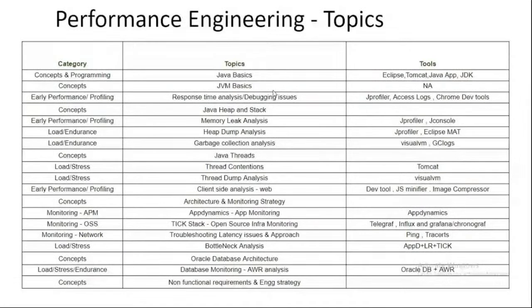The way we used to use Perfmon or vmstat, top, iostat kind of tools in Linux, those are all old days. Now it is getting automated using Grafana and Telegraf. So we'll go and manually install these tools ourselves, configure them, and then monitor using Telegraf and Grafana. And the same way for AppDynamics as well.